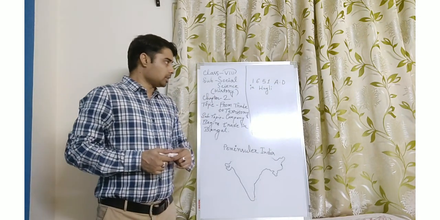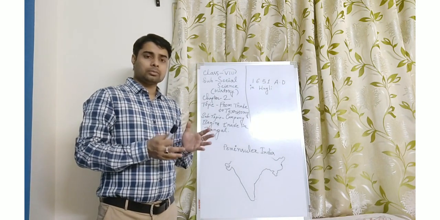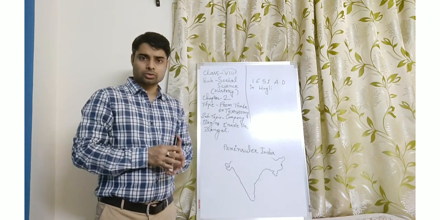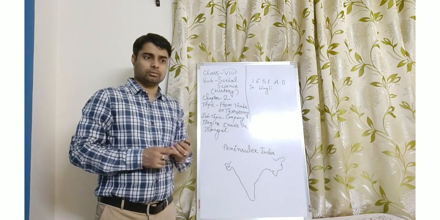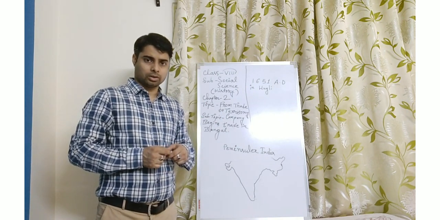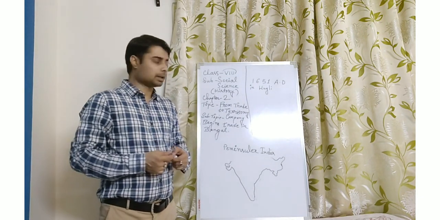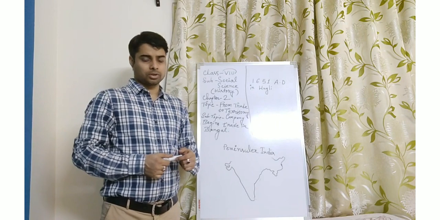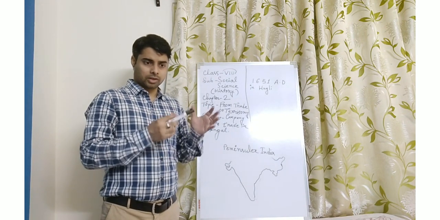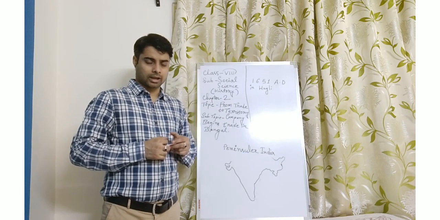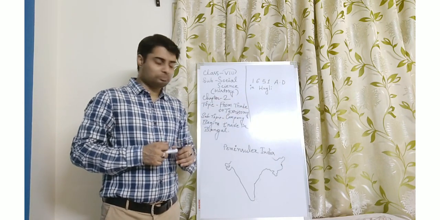So when they established their first factory, at that time the other colonial powers also came here and established their colonies in Bengal. But slowly, as you have read, they emerged as the most powerful one and captured most of the trade and activities in the eastern side of India.